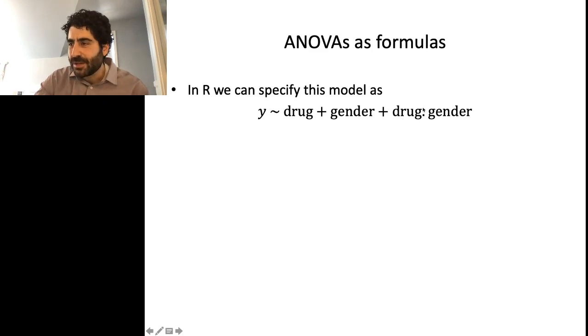So this weird drug gender notation means all possible combinations of the drug and gender groups. And so the nice thing about writing models like this is that we can potentially write down really complicated models that aren't just simple factorial models anymore.